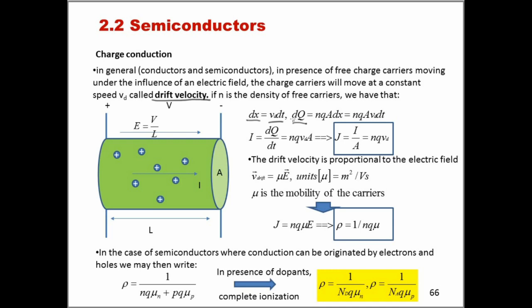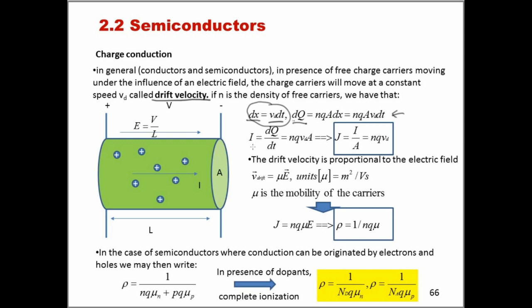Now the amount of charge that in time dt travels through the cross-section A of our material is dq equal to n, the electron density, times q, the elementary charge, times the concerned volume of the material, which is A times dx, where we replace dx with Vd dt, and we obtain this formula for dq.